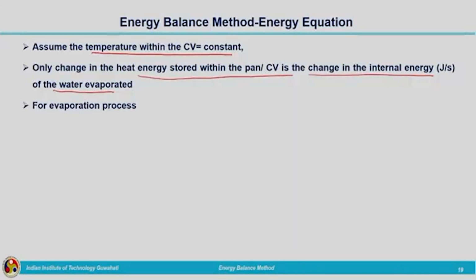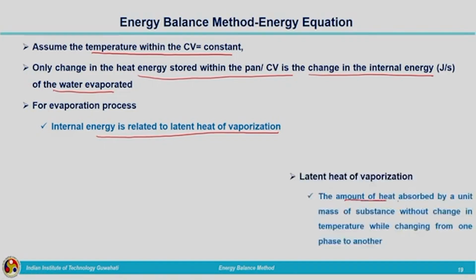So, for the evaporation process, internal energy is related to latent heat of vaporization. What is latent heat of vaporization? We have already seen latent heat, and one empirical relationship also we have seen for how to calculate latent heat of vaporization. Latent heat of vaporization is the amount of heat absorbed by a unit mass of substance without change in temperature while changing from one phase to another.